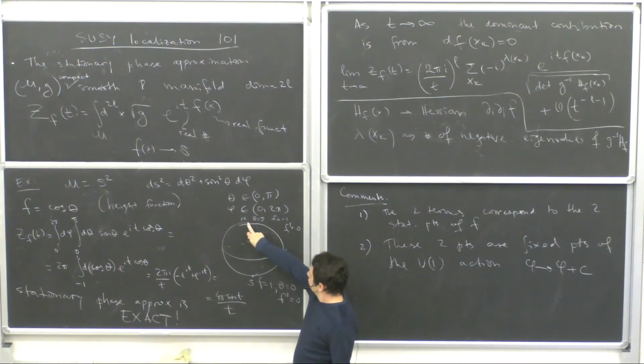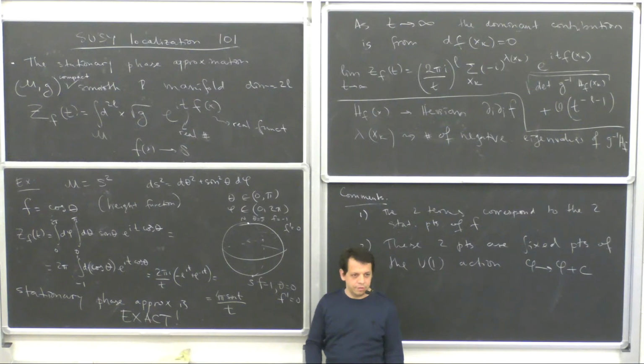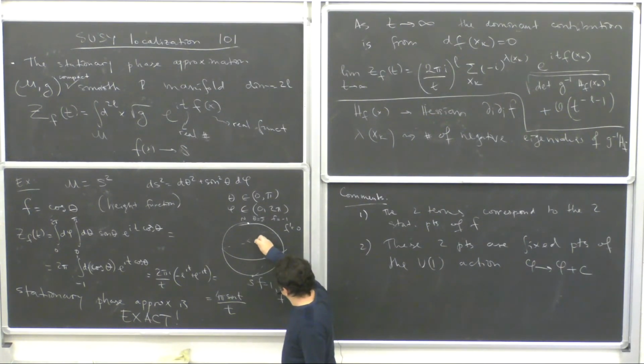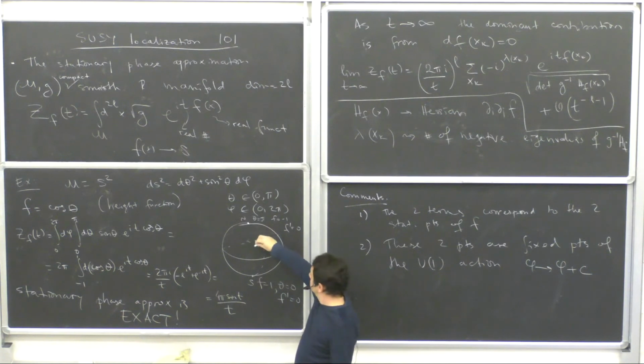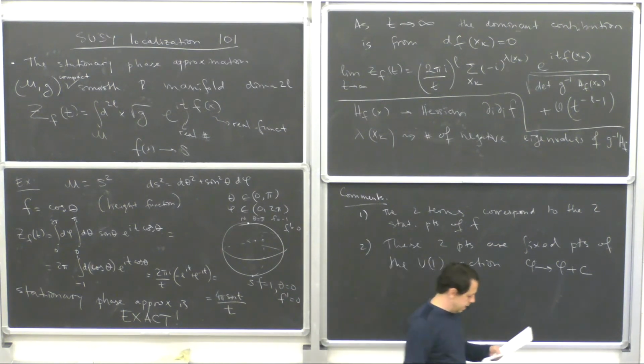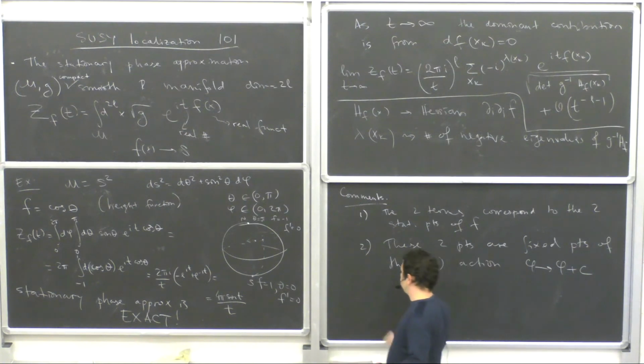As you go to the North Pole, this U1 action degenerates. It has a fixed point, meaning that if I take a point somewhere that is not the North and the South Pole, it will be moved by this U1 action. But at the North and the South Pole, these 2 points are really not moved by the U1, so they are fixed points. Okay?